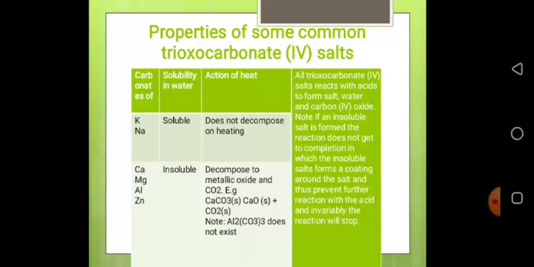For example, calcium carbonate gives calcium oxide plus carbon dioxide. But aluminium trioxocarbonate does not exist.